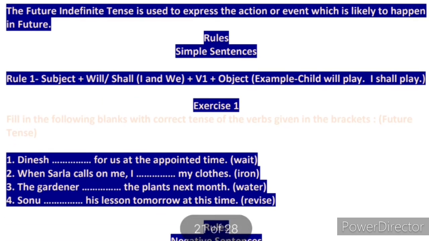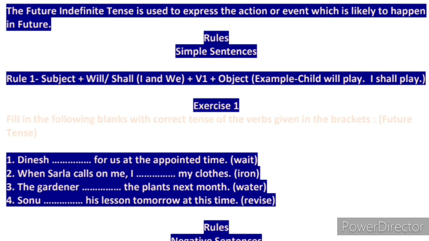For the simple sentences, there is just one rule: subject plus will or shall. Shall is used only with I and we. So subject plus will or shall plus v1 plus object. For example, child will play, I shall play.